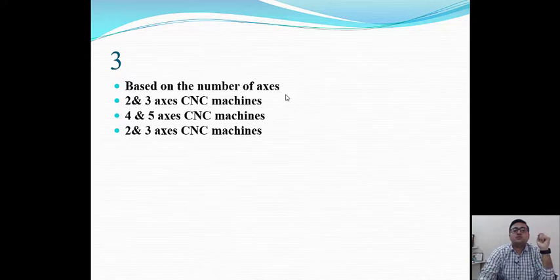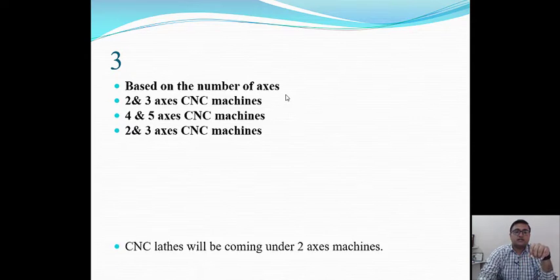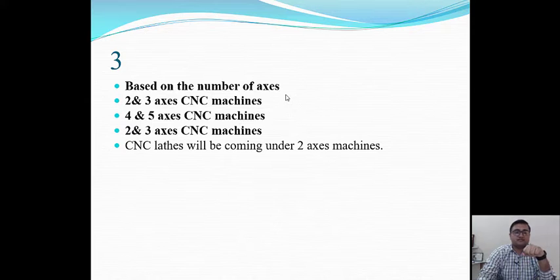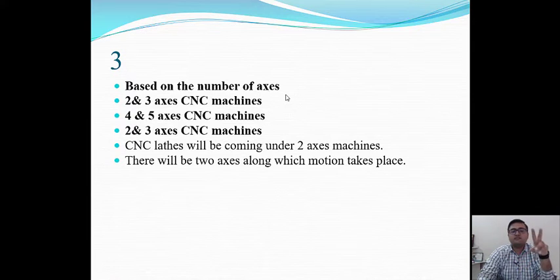Let's talk about the 2 and 3 axis CNC machine, which is generally used for day-to-day purposes. So the CNC lathe comes under the 2 axis machine. There will be 2 axes along which motion takes place. So it is very well defined that the CNC lathe machine is a 2 axis machine.